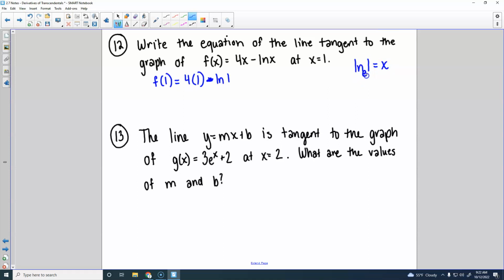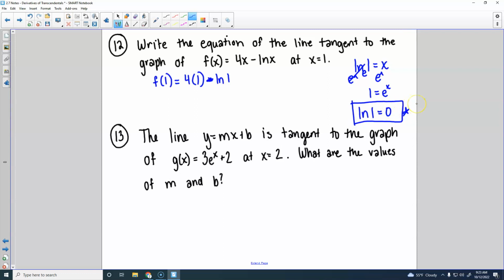E. So if I want to rewrite this so it's not a natural log anymore, I would do e to the power on both sides. So 1 would equal e to the x power. What's the only thing x could equal that would give me 1 here? 0, right? E to the 0 power is 1. So natural log of 1 equals 0. That is something that we need to make sure that we know.